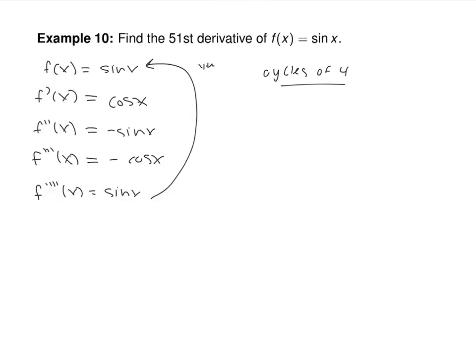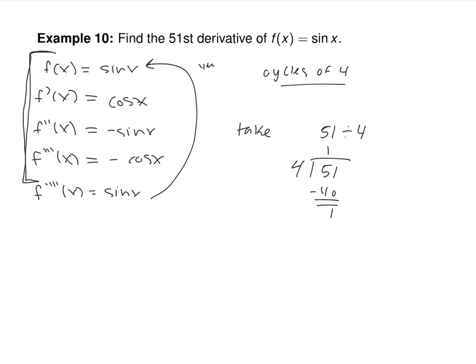Does that make sense? That's our pattern, right? We're back at the start, so we just keep going in cycles of 4. So if you take 51 divided by 4, how many times does 4 go in there? 12, with a remainder of 3.